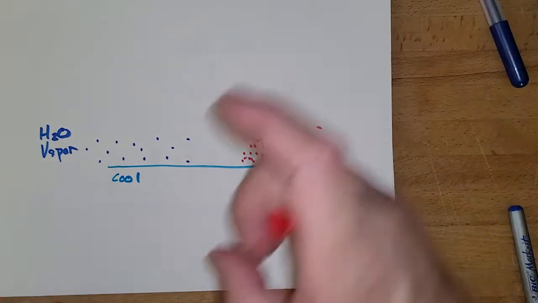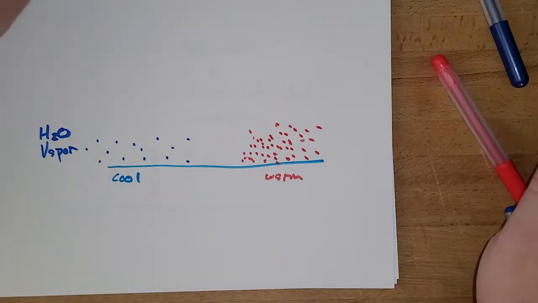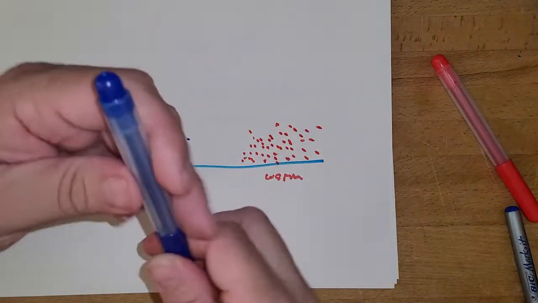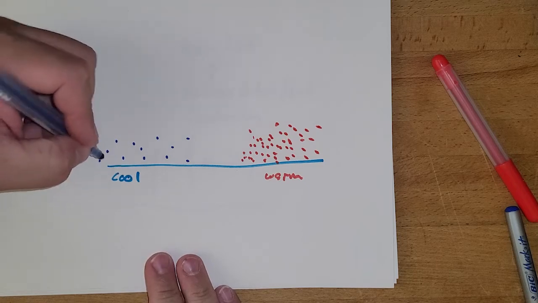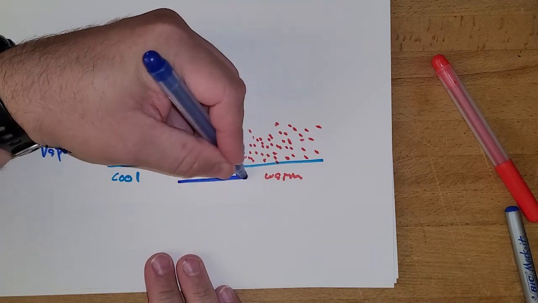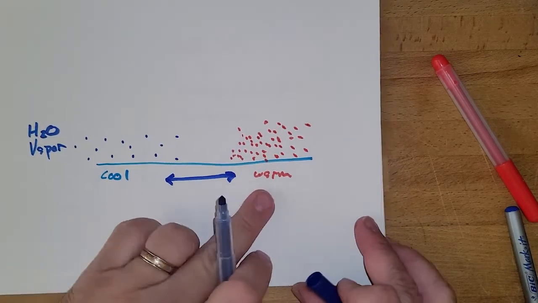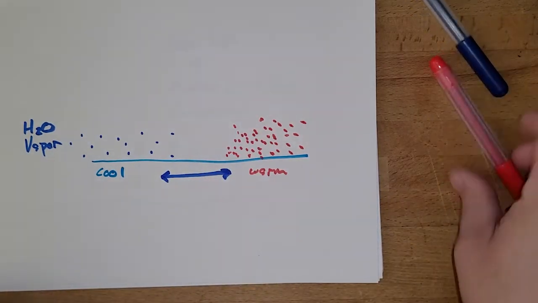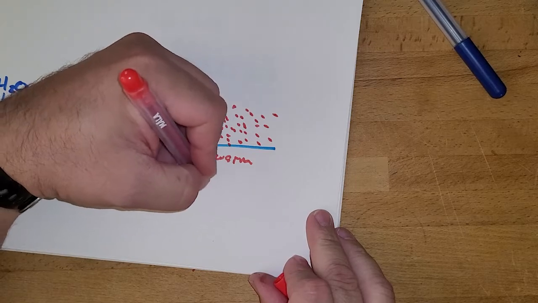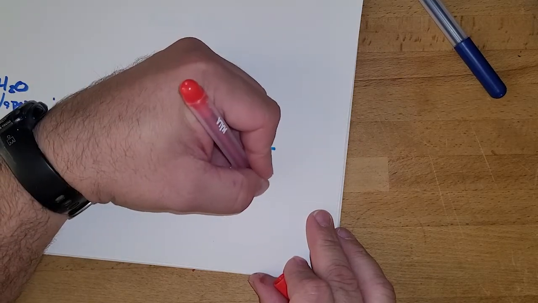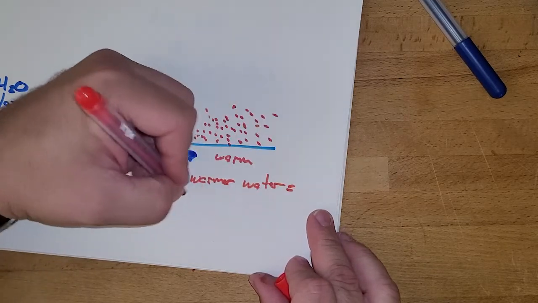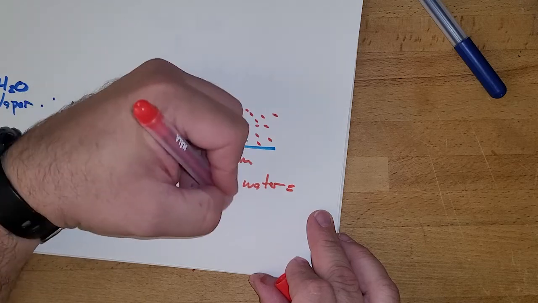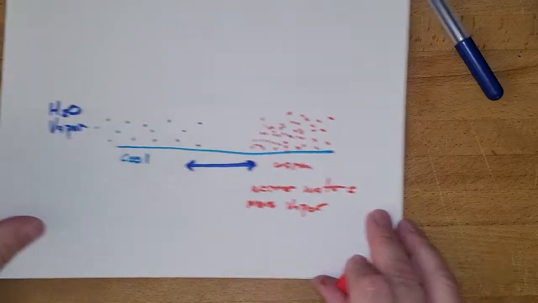This is on a scale between cold water and warm water: the warmer the water, the more water vapor we have. Warmer water equals more vapor.